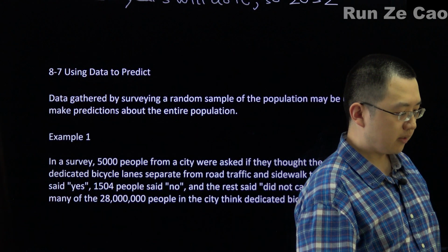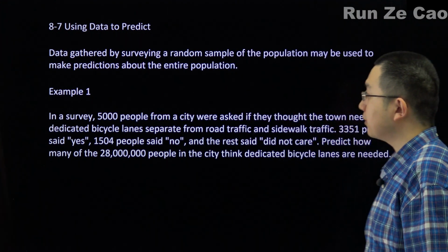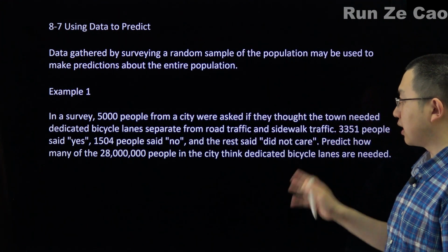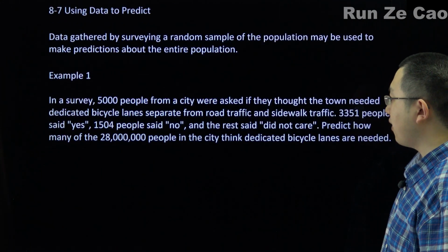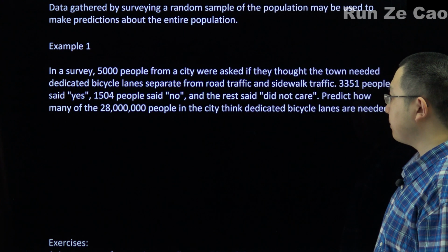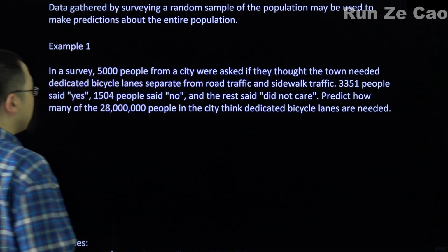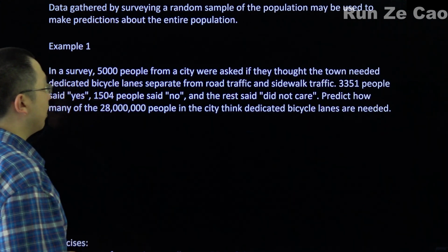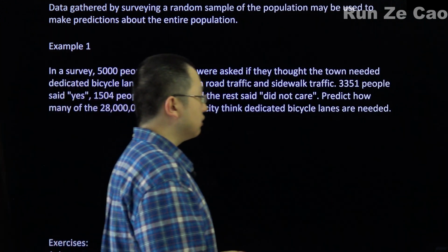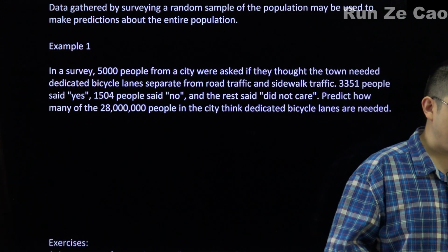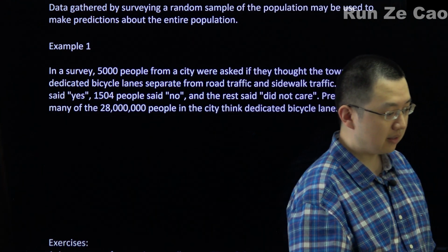Data that's gathered by surveying a random sample of the population may be used to make predictions about the entire population. For example, if you have 5,000 people from a city asked if they thought the town needed dedicated bicycle lanes, separate from road traffic and sidewalk traffic, 3,351 people said yes. 1,504 people said no, and the rest said did not care.